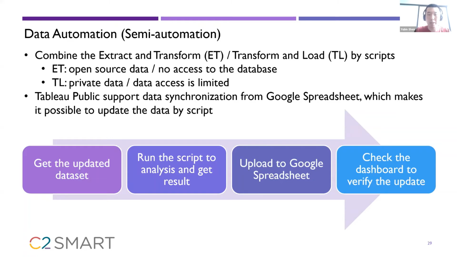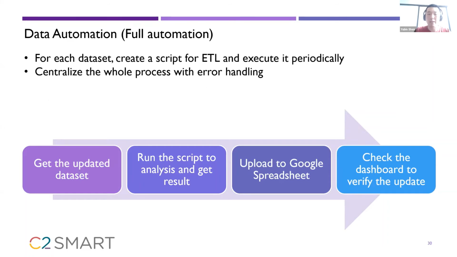So that's the semi-automation. Finally, we go to the full automation. That means for each data set, we create a script which contains the whole ETL process, and we execute it by week or by month.